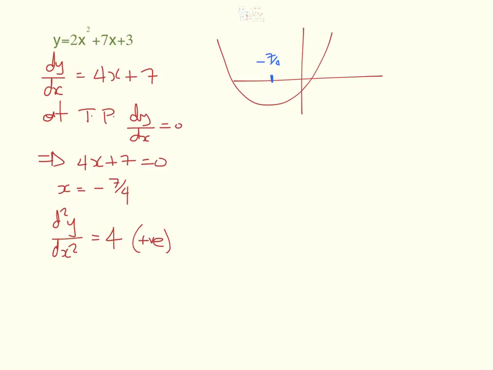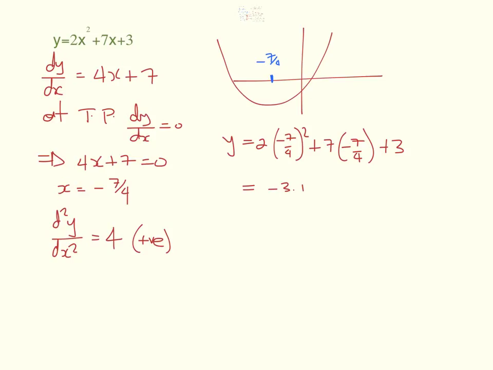So that will now give me y is equal to 2 times minus 7 over 4 all squared plus 7 times minus 7 over 4 plus 3. Literally, pop that in your calculator and see where that gets us. So that gives us minus 3.125. We'll just go out for 3.1.